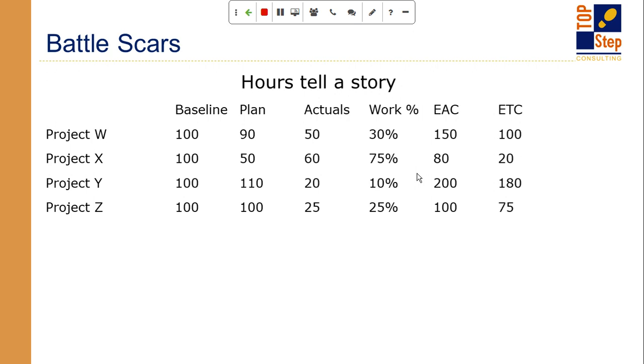Now, that's still over my plan, but it's way under my baseline budget. I was given a 100 hours budget. So I'm maybe not that good at planning stuff out, but I am good at executing. And I was given enough of a budget buffer so that I was able to still come in at a nice position. So from that EAC calculation, I expect to spend another 20 hours and I'll be all done with everything.